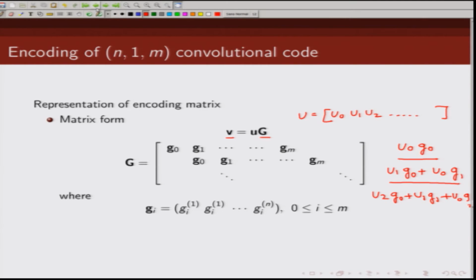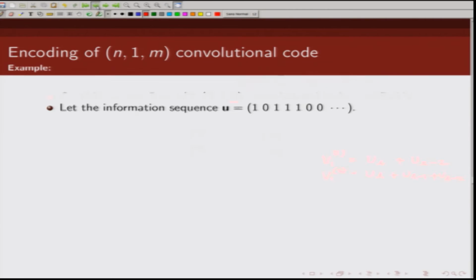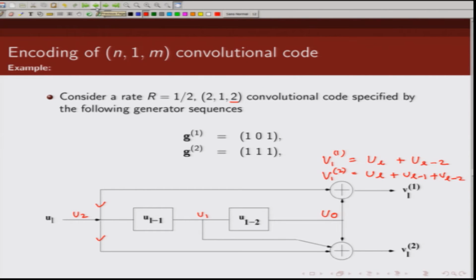What happens next? This U0 moves out. Here what we will get is U1. This will be U1. What about this? This will become U2. So, this is U2 and this will become U3. So, this is U3. So, what will be the output now?